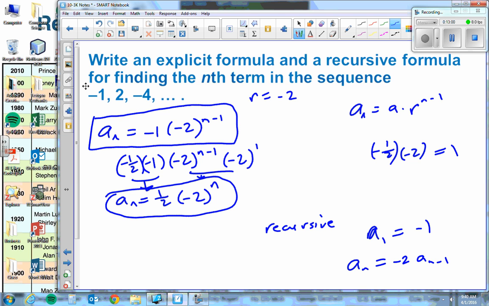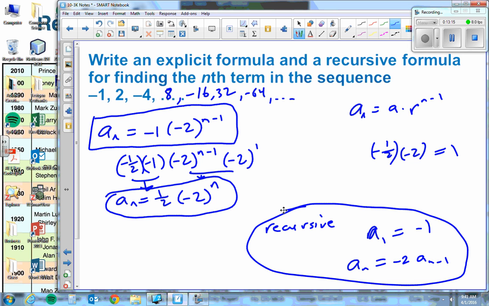So -1 times -2 is 2, 2 times -2 is -4, -4 times -2 is 8, and then times -2 gives you that, times -2 gives you that, and you can just keep going forever, right? So that's what this describes, is that procedure. And of course, don't forget you have to write down how you started. Otherwise, it's an incomplete definition.